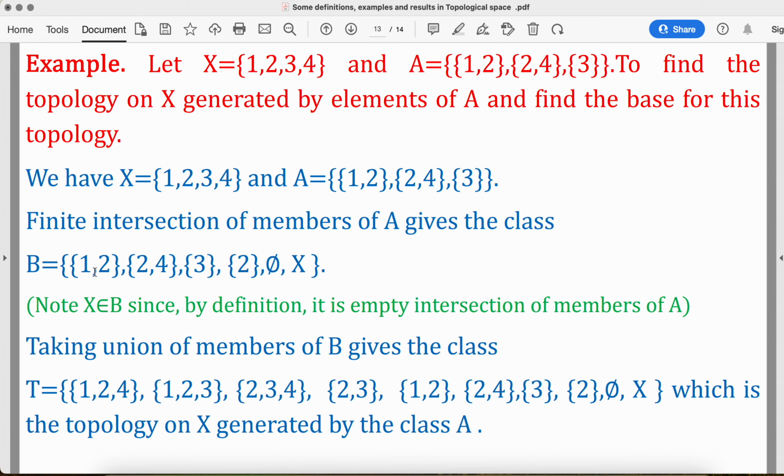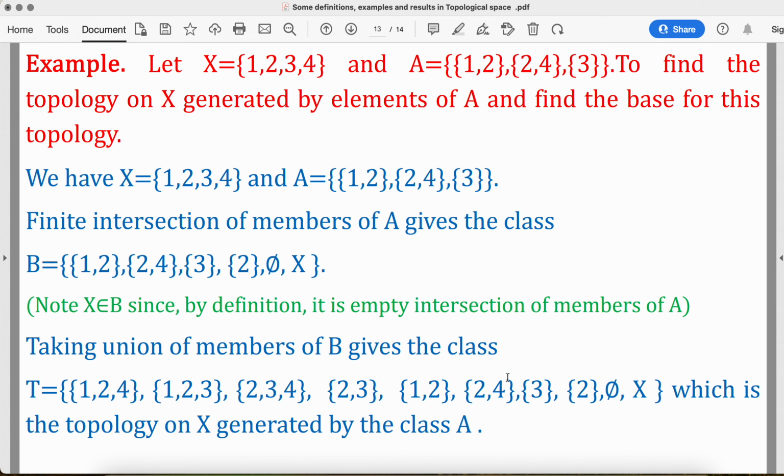Union of {1, 2} with X is X. Now union of {2, 4} with {3} is {2, 3, 4}. Union of {2, 4} with {2} is {2, 4}. Union of {2, 4} with phi is {2, 4}. Union of {2, 4} with X is X. Union of {3} and {2} is {2, 3}. Union of {3} and phi is {3}. Union of {3} with X is X.